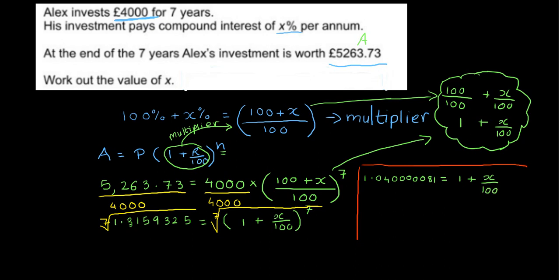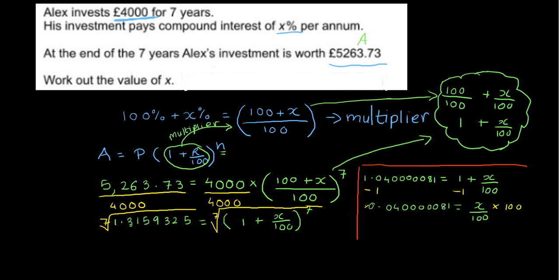So the next step is I subtract 1 from both sides, leaving me with 0.04 and 5 zeros again equals X over 100. And the last step, because X is being divided by 100, to get X on its own, I multiply both sides by 100.